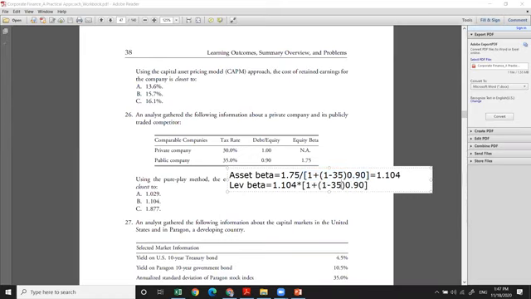Times 1 plus, with my debt equity ratio being 1. If you calculate the levered beta, it gives 1.87.